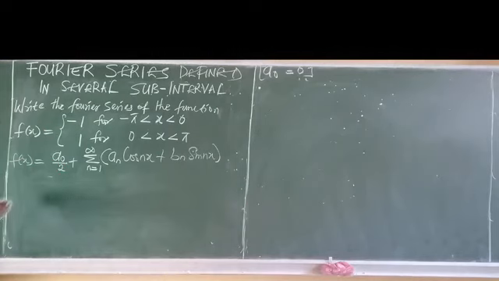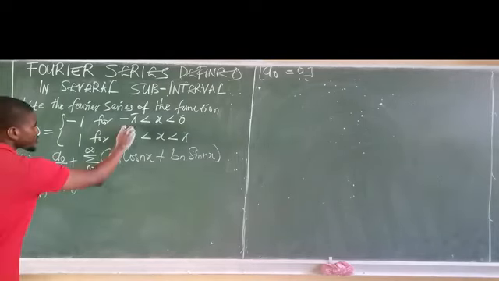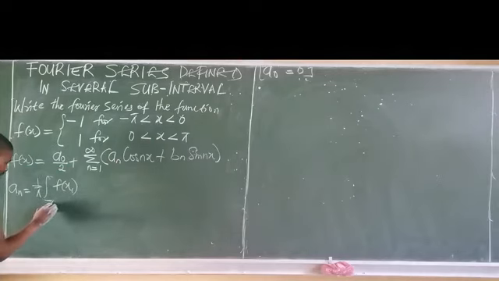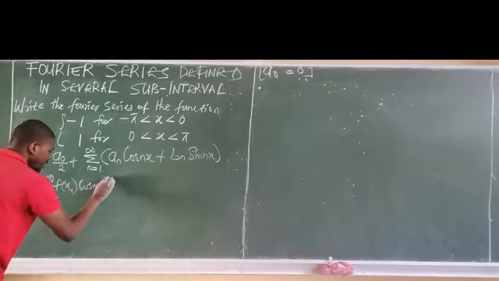So we find an. An also for the two different functions is defined as 1 all over pi integral. Now the very first function f of x1, okay, the limit, remember, is from minus pi to 0. So from minus pi to 0 cos nx times dx.